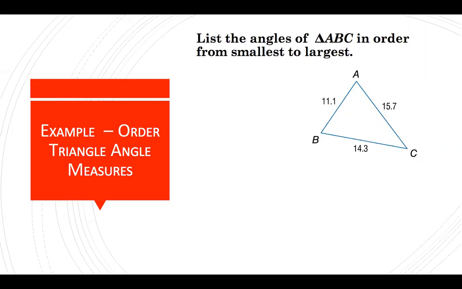C, A, and B. So, angle C, then angle A, and then angle B. Because opposite C is 11.1, opposite A is 14.3, and opposite B is 15.7. So that's going to be in order from least to greatest. Great job. Thank you. Questions?